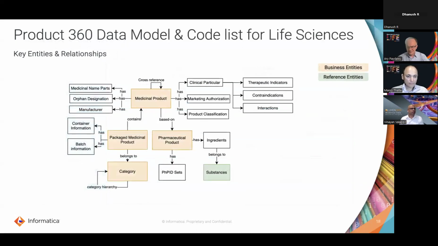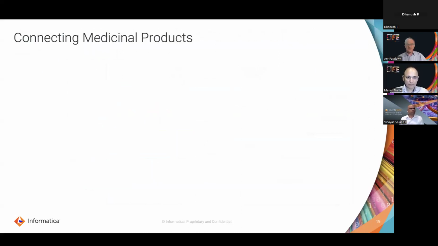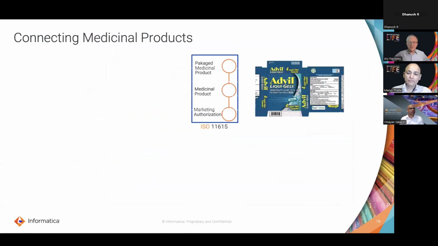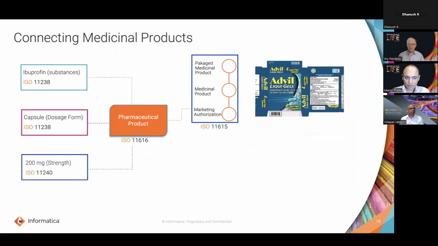Not to get into details, but this gives you an idea of how the data model is broken down, and the bits and pieces of the schema behind the scenes. This is a quick example of one of the drugs. In this case, you'll see how PHP, which is the ISO 11616, is connected to the medicinal products.